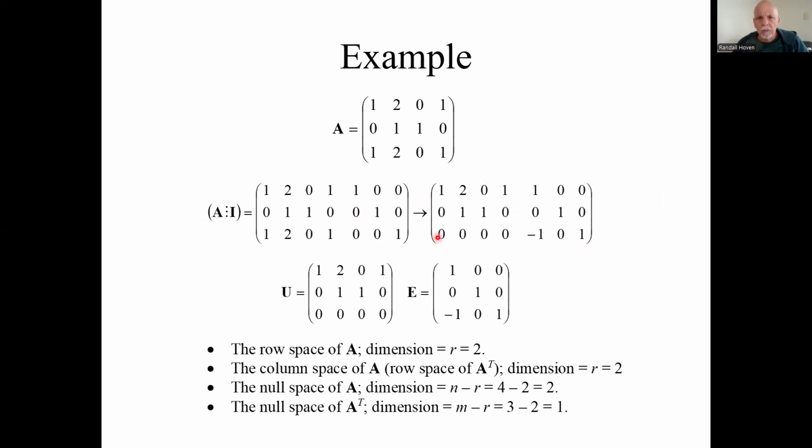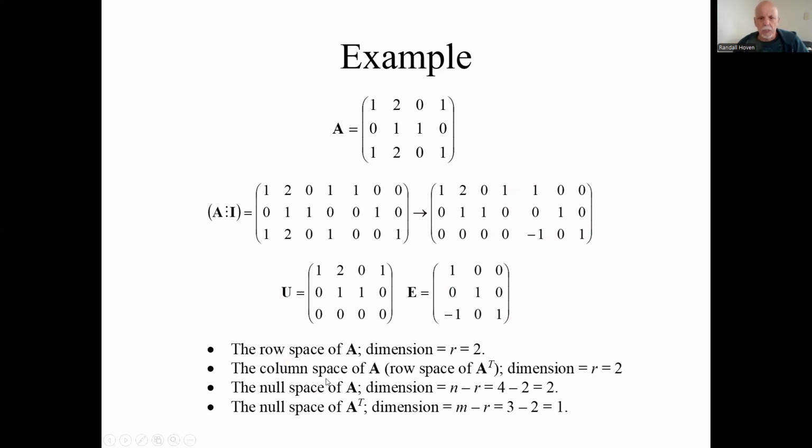This left side, the A part, got a row of all zeros. There's a pivot, there's a pivot. It satisfies the criteria for row echelon, in fact, strict row echelon form. It's not in reduced row echelon form, but it's in row echelon form. So this left side is what we'll call U. This right side is what we'll call E.